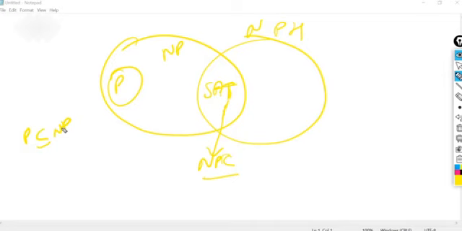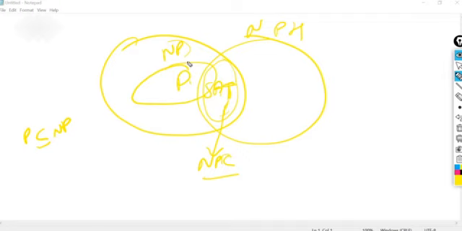I've already told you about Cook's theorem. What it said actually is, Cook showed that if the satisfiability problem comes under NPC, that means any NP problem which is hard to solve comes here in NPC. If any NP problem comes into this category, then this P circle will come here.